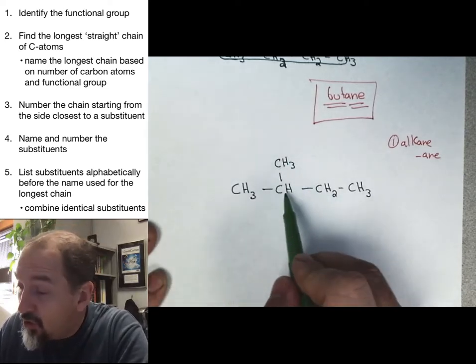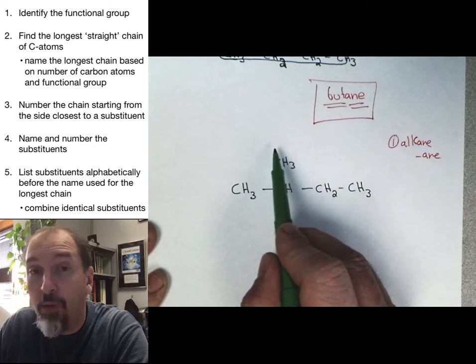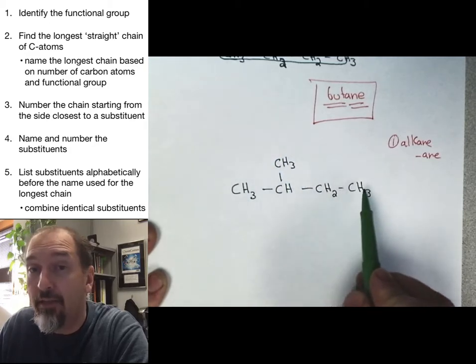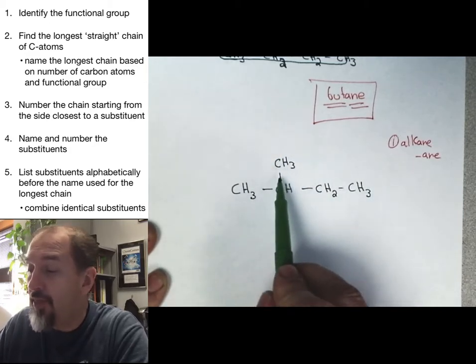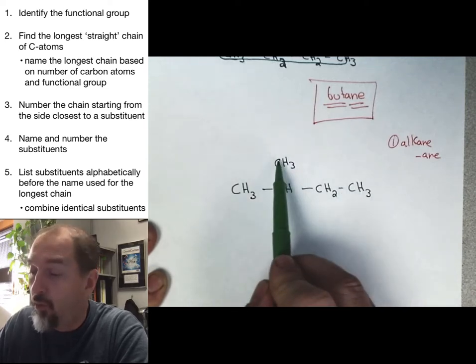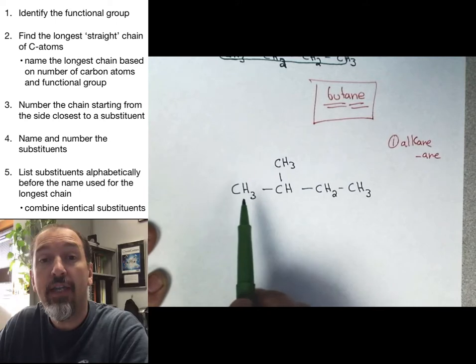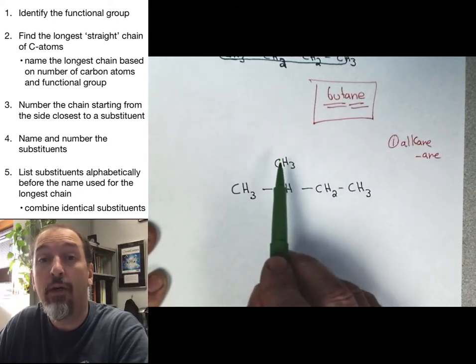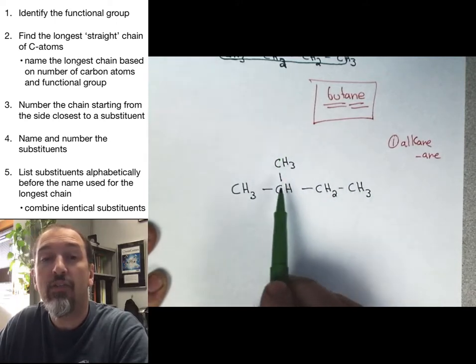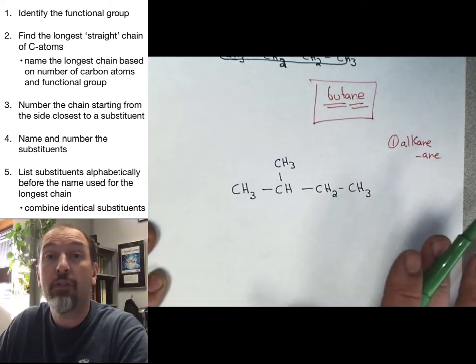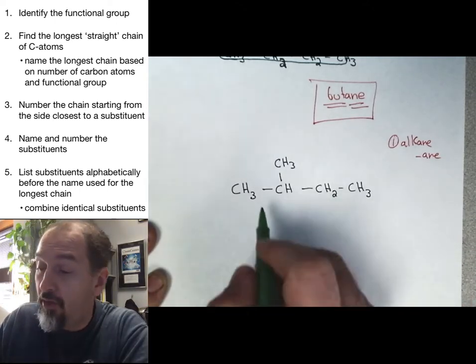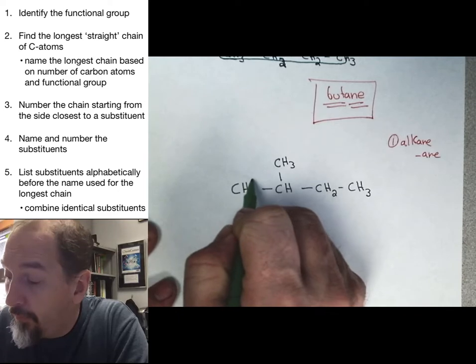Now, in situations where you have a branch, so this is called a branch, it's coming off of a chain, make sure that you count to make sure that that's not the longest chain. 1, 2, 3, 4. Either way I count in this case, I'm getting a chain of four. If they're equal chains, no matter how you count, it doesn't matter which one you circle, you're going to get the right answer either way.